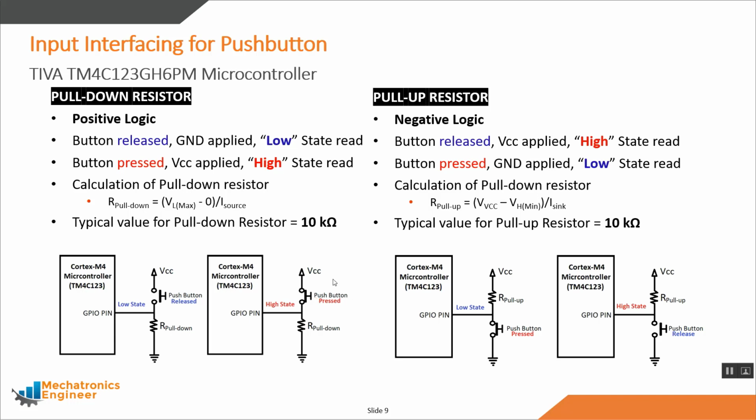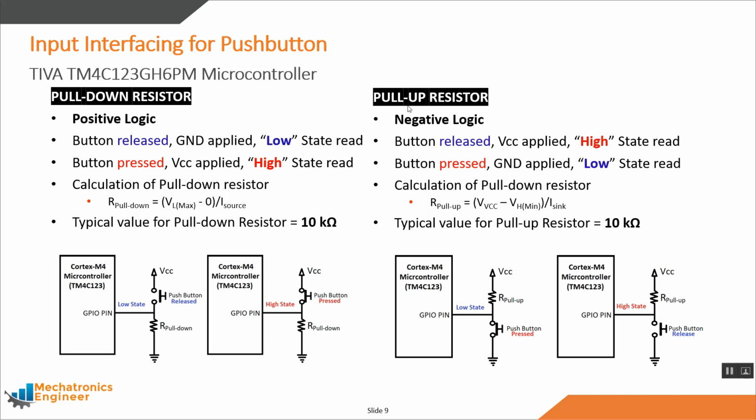And when the push button is pressed, the connection between the VCC and the ground is completed and the GPIO pin reads the high state. The pull down resistance is important here because in its absence, the VCC may be shorted to the ground and we can have a huge amount of current that can damage the GPIO pin.